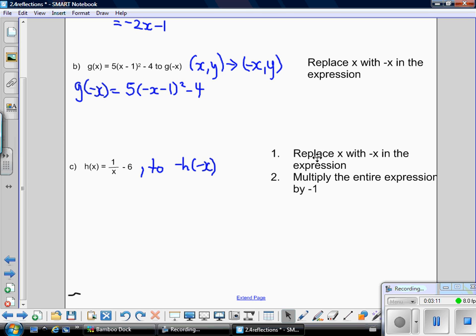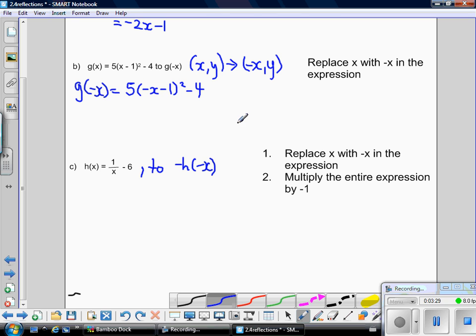The first thing we're going to do is replace x with negative x, just like we did in part B, and then multiply the entire expression by negative 1. Really not that difficult, because remember it is both the x and y that become negative.